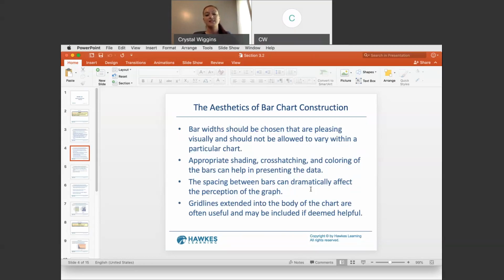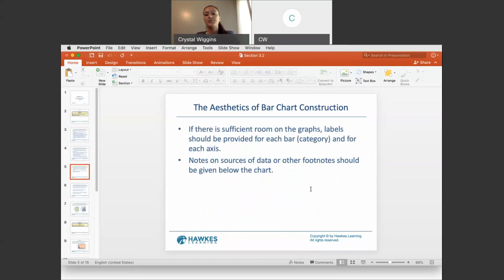Grid lines extended into the body of the chart are often useful and may be included if deemed helpful. For categorical data, it's not as critical that we have grid lines, but when we get into the section talking about quantitative data and bar charts, then it does make perfect sense to have some sort of grid so that you could see the number line better.